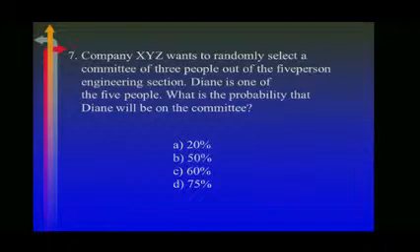Then you have to take away Diane and see how many combinations we get. From 5, take away Diane, that gives us a group of 4, but still I have to form a committee of 3. So compute this number, take those 2 numbers, subtract one from the other. The committee now will definitely have Diane.